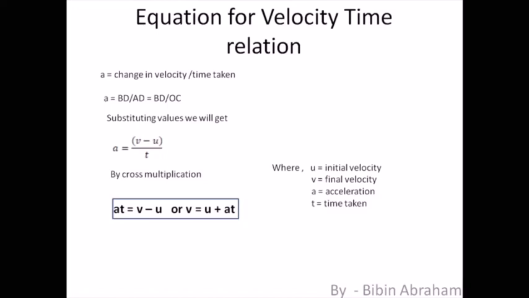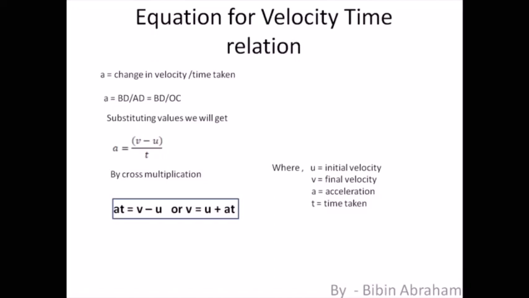If somebody gives you the final velocity, the acceleration and time, then I can find out the initial velocity. Similarly, if somebody gives me initial velocity, acceleration and the time taken for the journey, then I can find out the final velocity, right?